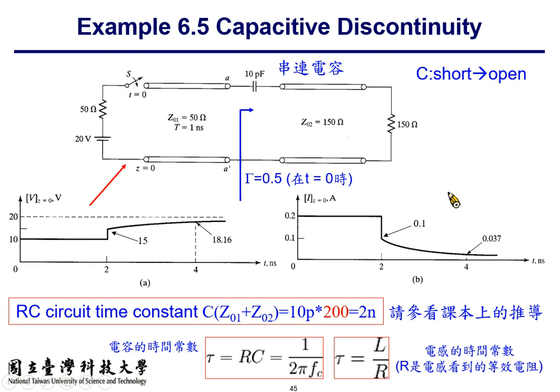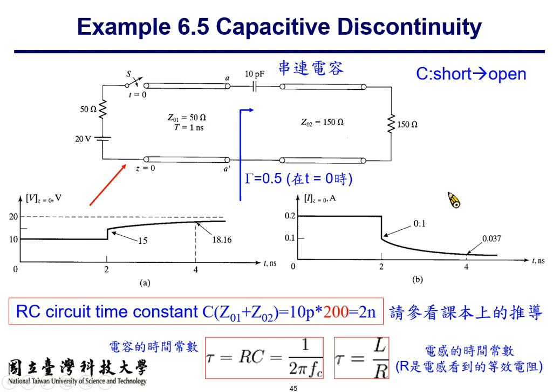And as time progresses, the capacitor shall become an open circuit. So eventually, the transmission line will be broken up in the middle. So the total voltage on the left-hand side will approach 20 volts.